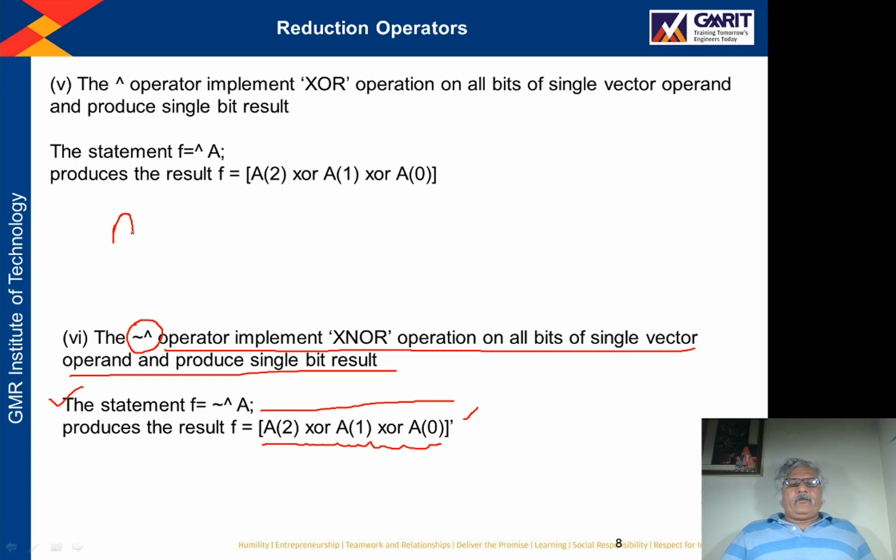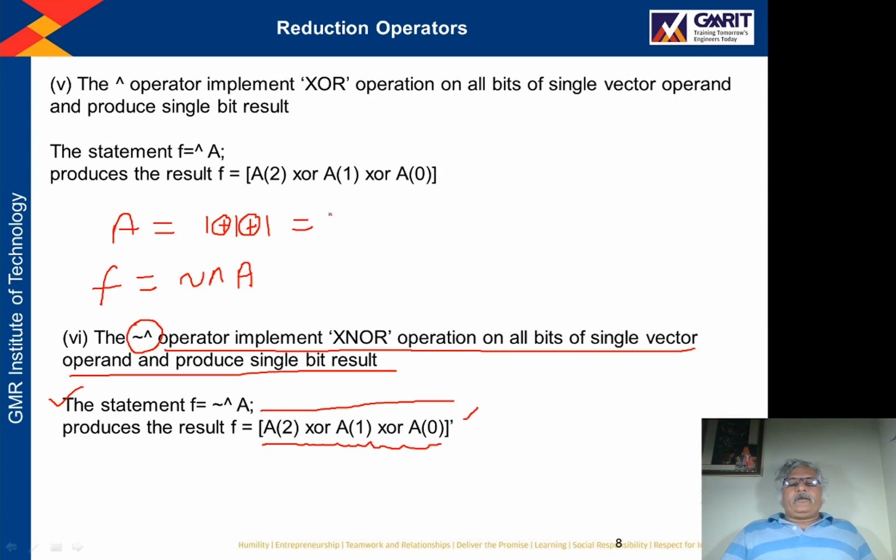So let us assume A we have 1 1 1. So F is equal to tilde cap A. So what it will do, XOR operation on these 3 ones.